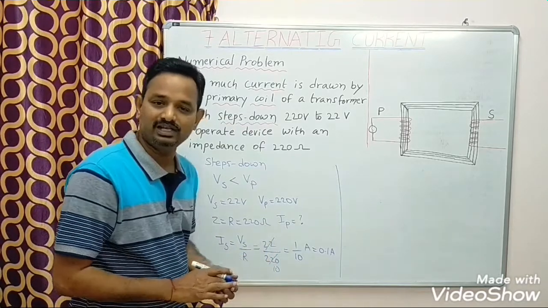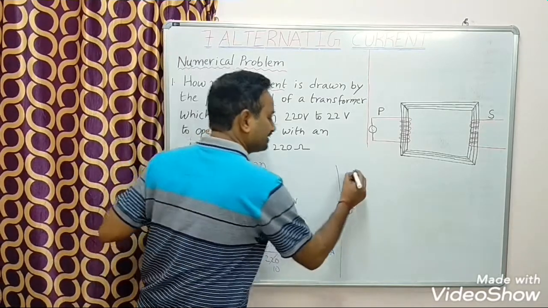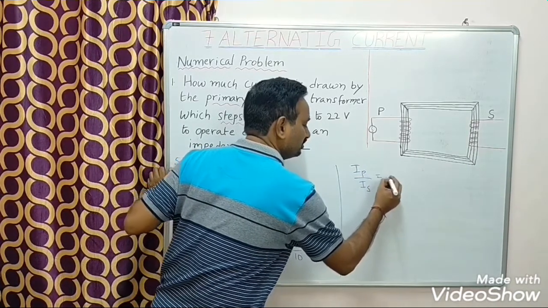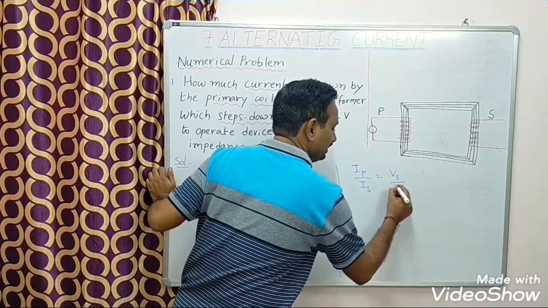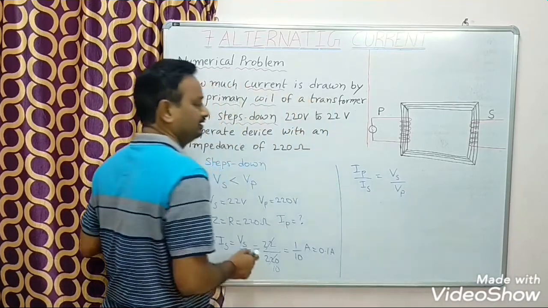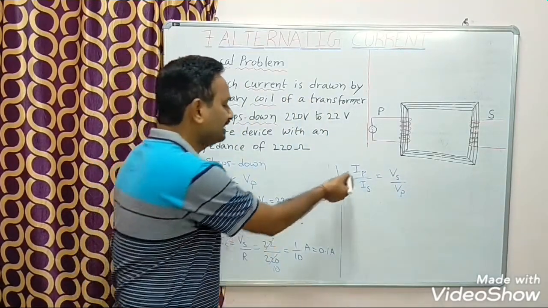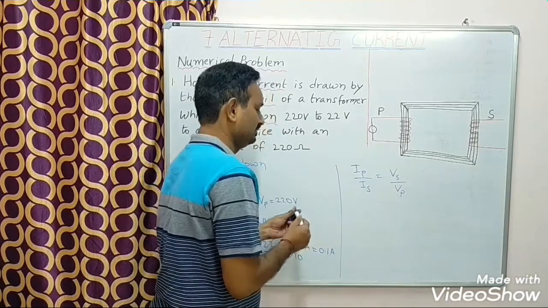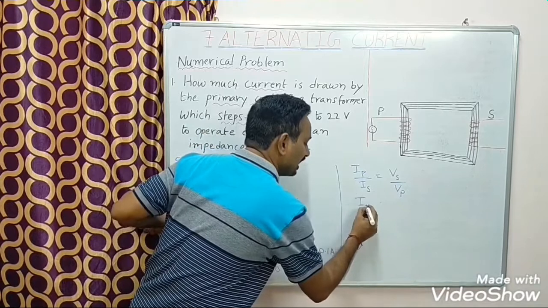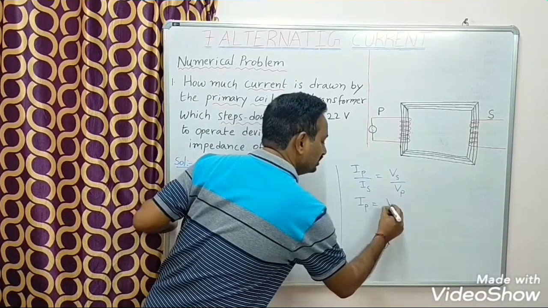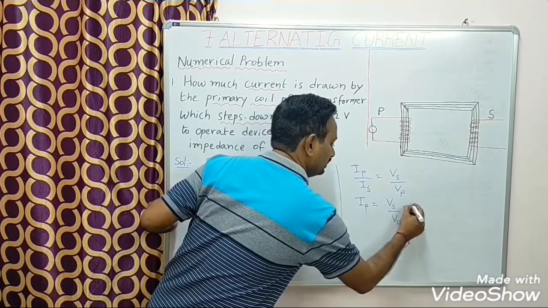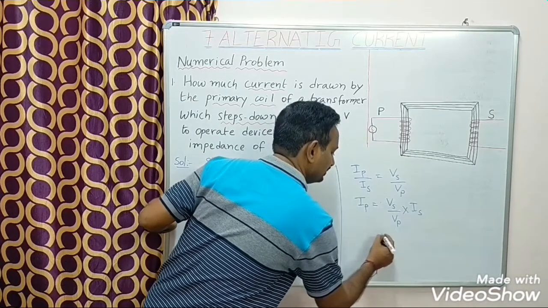For that I will take the equation IP by IS is equal to Vs by Vp. We need to find the current in the primary coil. I will move this IS to the right side. So I will get IP is equal to Vs by Vp into IS.